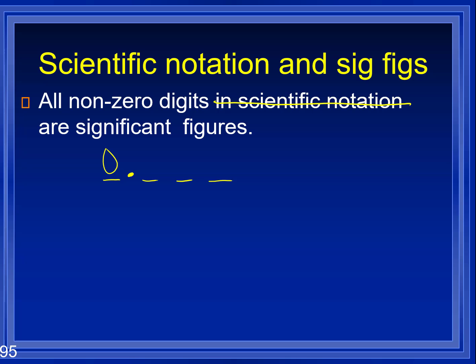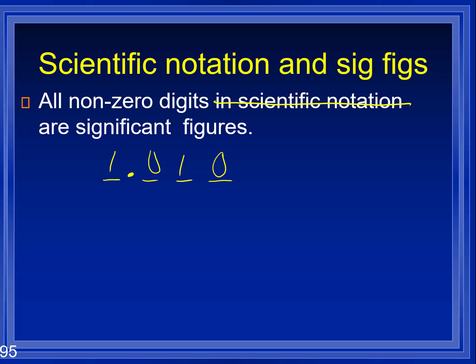Everybody agree? It won't be between 1 and 10. Can I put a 0 here? So I put a number in front, right? Would that be a significant figure? Could I put it there? If I put it there, would it be a significant figure? Yeah, it's at the end after the decimal point. Okay.